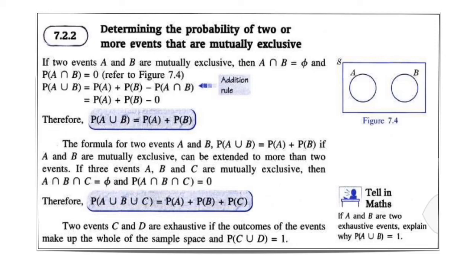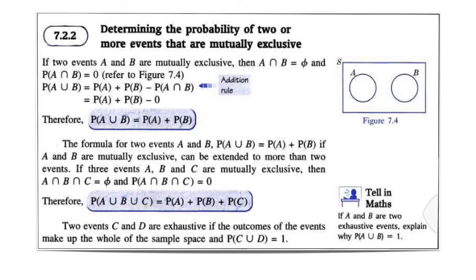We will also discuss the probability of three events. The probability of A union B union C is equal to the probability of event A plus the probability of event B plus the probability of event C.